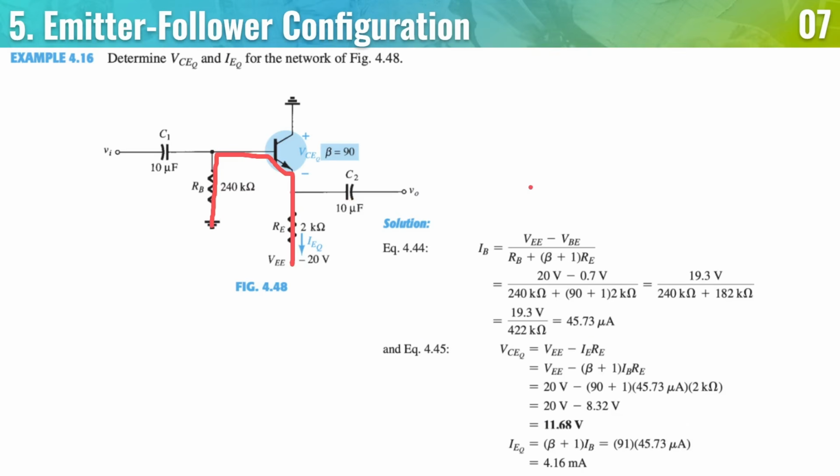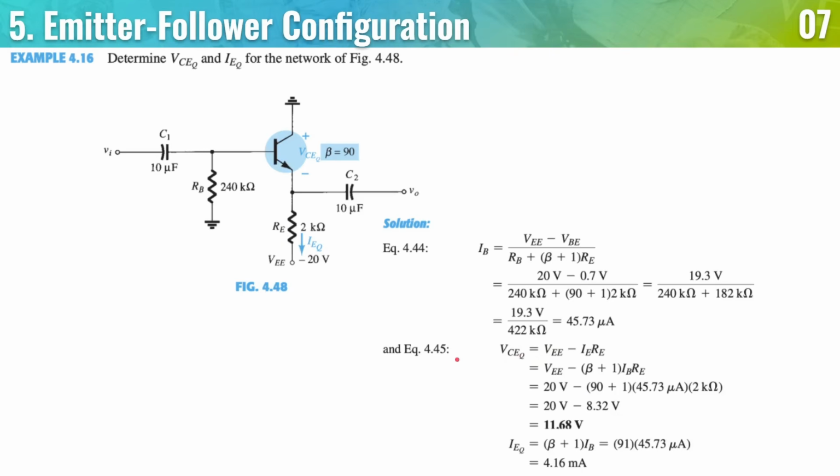If you rearrange that formula, we are going to get here. You can remember that by having the source minus the voltage drop all over RB plus RE as seen from the base. So that's how we get 45.73 microamperes.